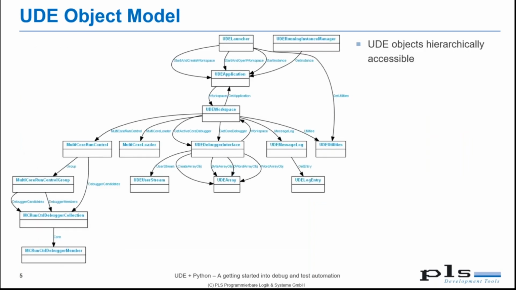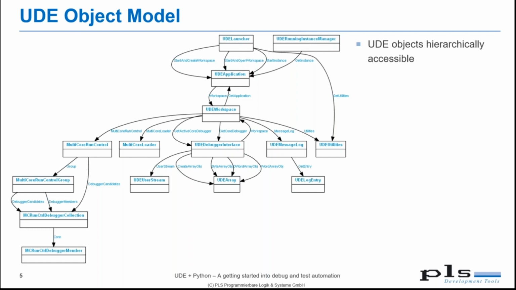This picture here shows an excerpt of the object model in UDE. As you can see, the object model is composed of a set of objects. That's why the name. These objects provide interfaces that give you access to almost all the debugger functions. This is composed in somehow a hierarchy.